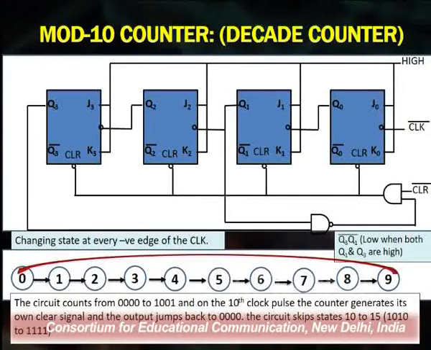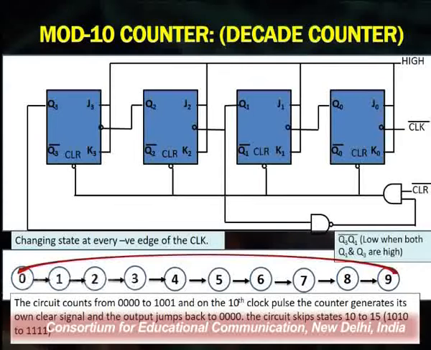That is, 10 states are 0, 1, 2, 3, 4, 5, 6, 7, 8, 9, and then it has to reset. 0 to 9 are 10 states. We cannot have 10, 11, 12, 13, 14, 15. Right? So we look at the circuit.